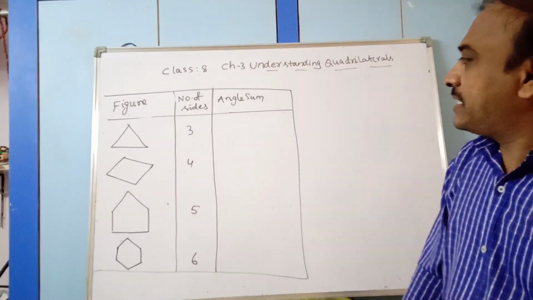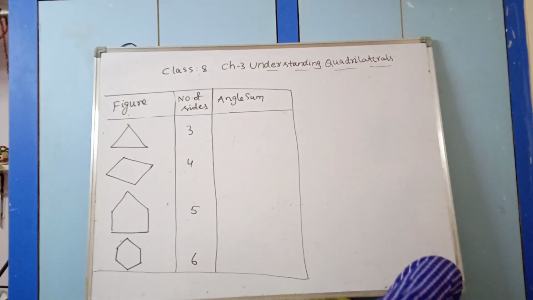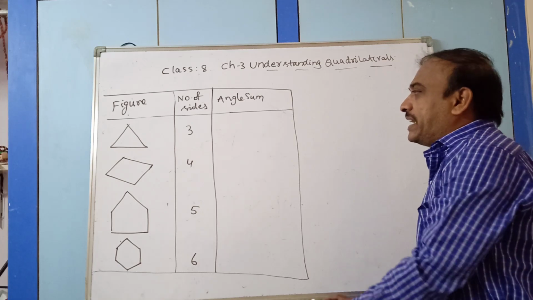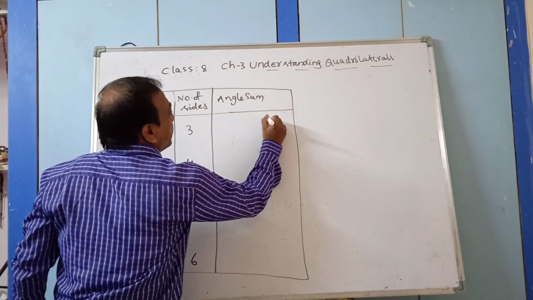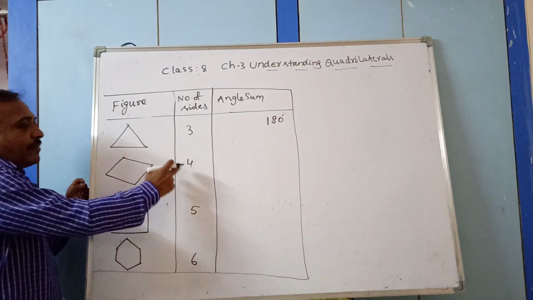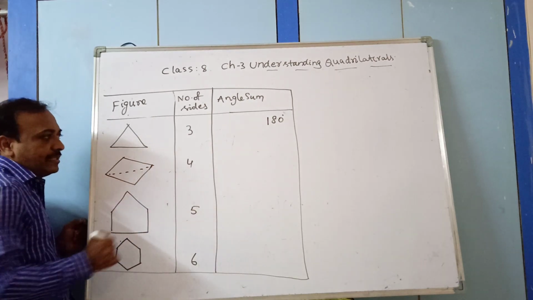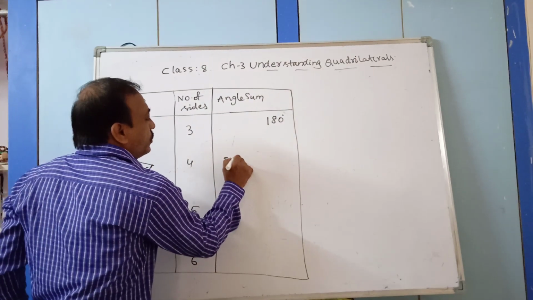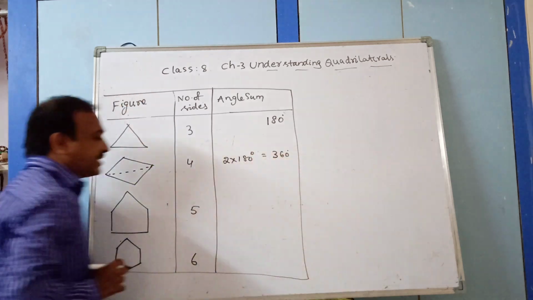If it is a 3-sided figure, as we already discussed in class 7, the sum of the 3 angles in a triangle is 180 degrees. Next, if there are 4 sides, we divide that into 2 triangles, so 2 into 180 gives you 360 degrees.